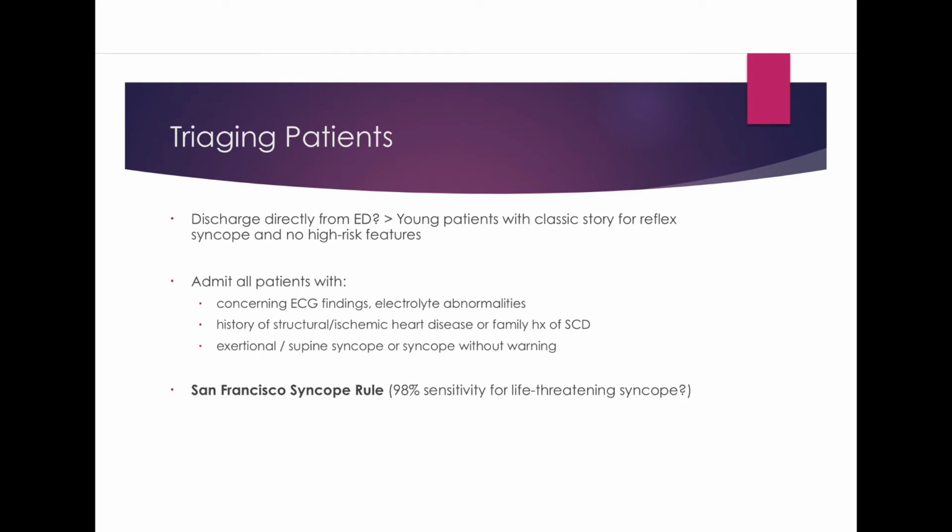There are clinical prediction tools available, such as the San Francisco Syncope Rule, which is perhaps the most famous of them. It has 98% sensitivity for identifying life-threatening syncope causes. It uses the acronym CHESS, with C standing for any history of congestive heart failure, H for hematocrit less than 30, E for any abnormal ECG findings that we discussed before, S for shortness of breath or dyspnea, and the second S for systolic blood pressure less than 90.